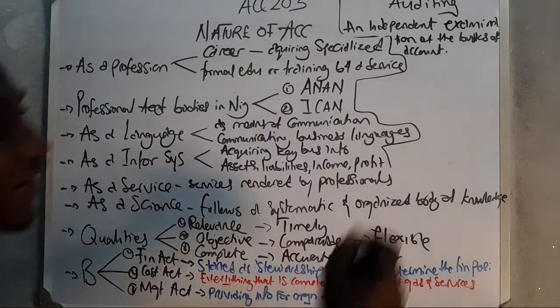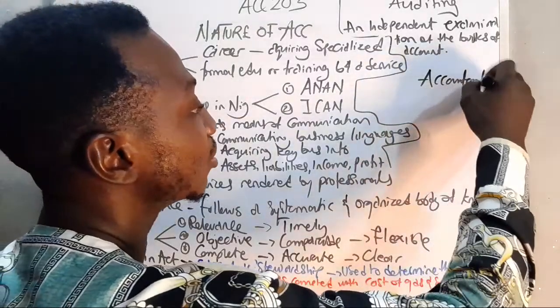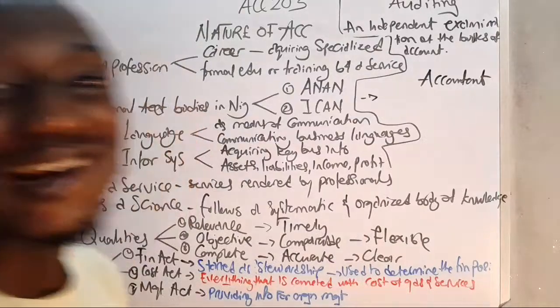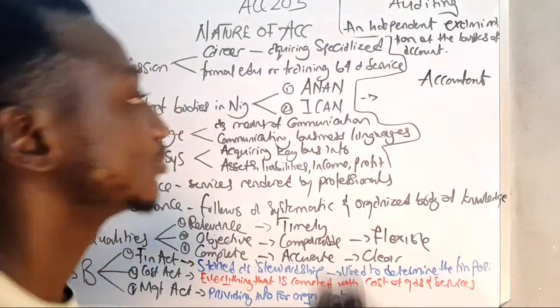Now, who is an accountant? An accountant can be defined as the person who carries out accounting function for an organization. Very simple.